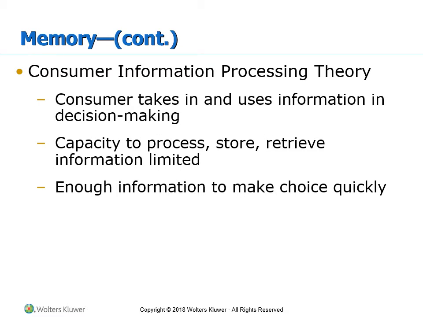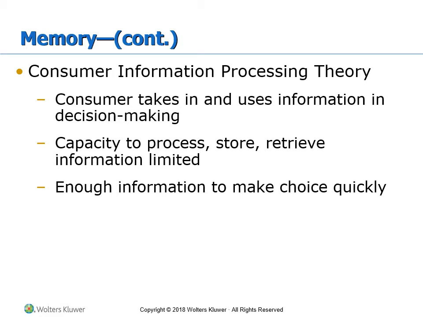We have the consumer information processing theory, which states that the consumer takes in and uses information in their decision making, which seems obvious, but instead we're focused on the capacity to process, store, and retrieve information, as we believe that this capacity is limited. So the problem is, if I'm trying to, for example, read a food label and make a food choice, am I looking at calories, fat, saturated fat, sugar, protein, ingredients list, right?